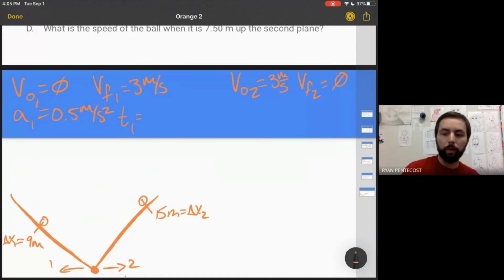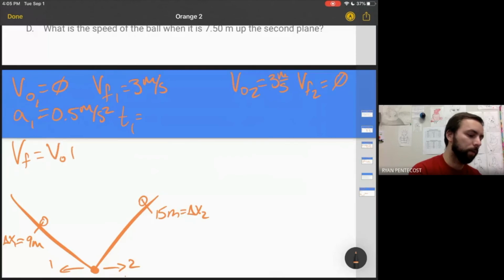There are 2 equations that have time in them, right? There is V final equals V naught plus AT, and then there is delta x equals V naught t plus 1/2 AT squared.